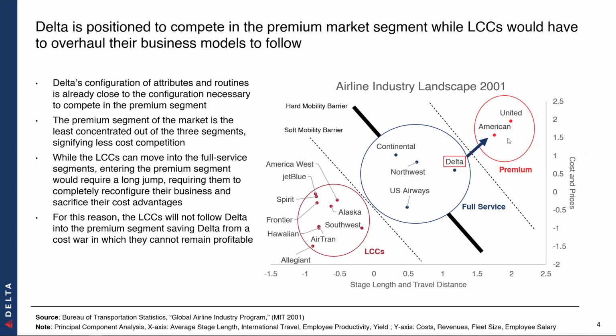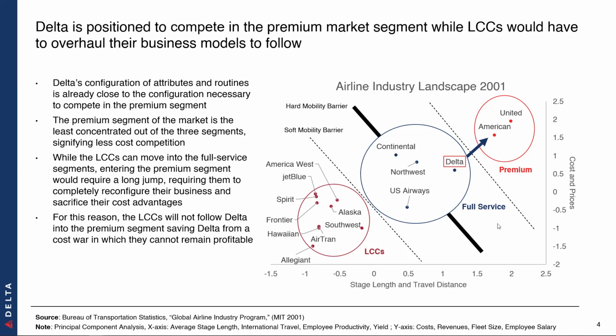You can see that we have this premium group up here, United, American, and this is of 2001, I should add that in. We have this really high premium group up here where United has the highest costs and the highest prices. And then we have these low cost carriers down here: Alaska, Southwest, Allegiant.